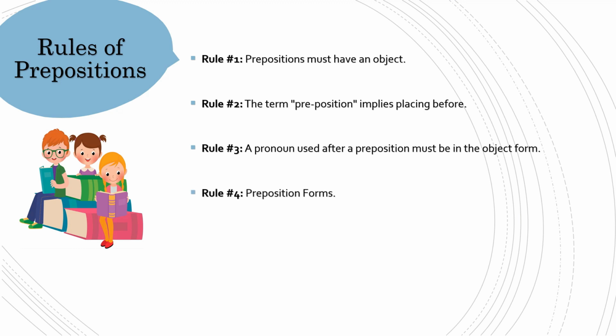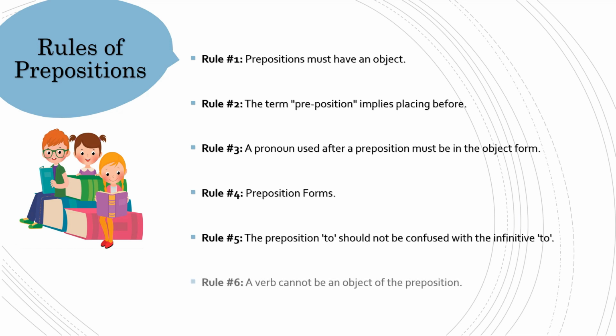Rule number 4: preposition forms. Rule number 5: the preposition to should not be confused with the infinitive to. Rule number 6: a verb cannot be an object of the preposition.